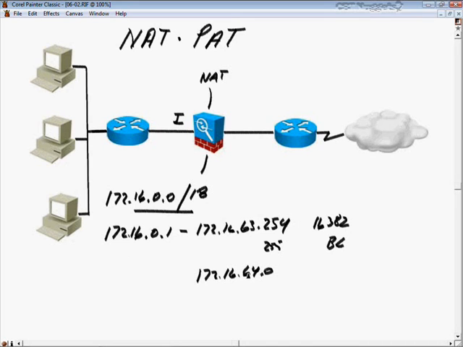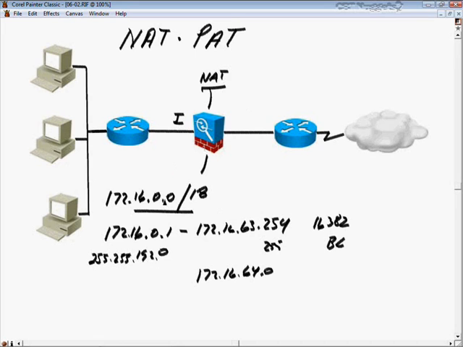We can't use that one because we saw earlier this is actually the second network when we use this /18 prefix, or a mask of 255.255.192.0.